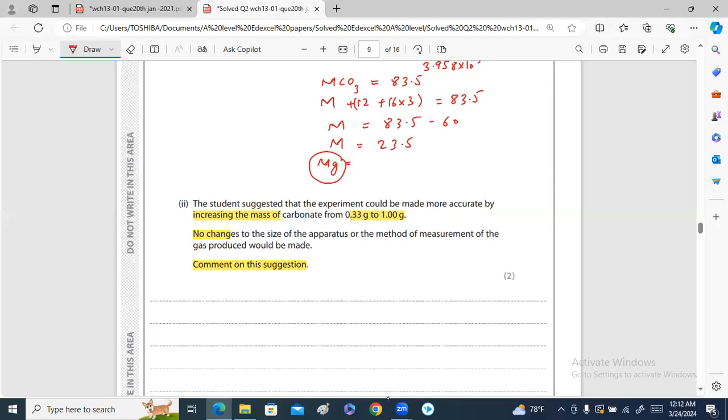Comment on this suggestion. So if we use more mass, definitely we can decrease the percentage error. So the first comment on this suggestion is that this is used to decrease the percentage error.